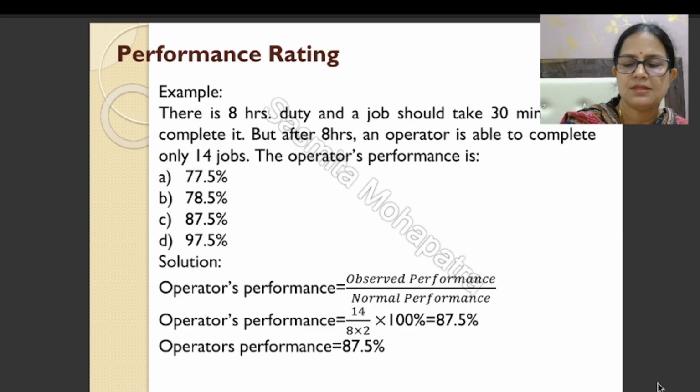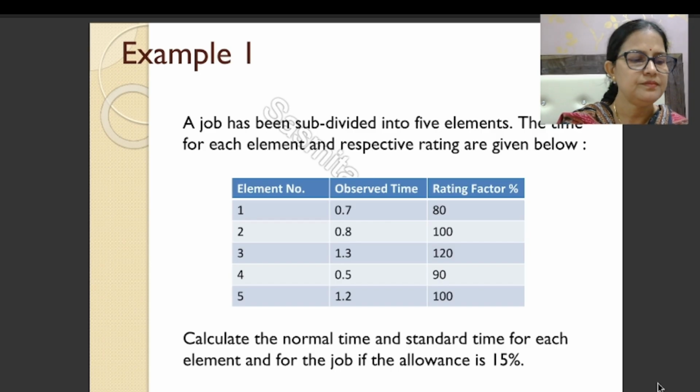So maybe this slide will make clear what performance rating is. Rating is the assessment of the worker's rate of working relative to the observer's concept of the rate corresponding to standard pace.